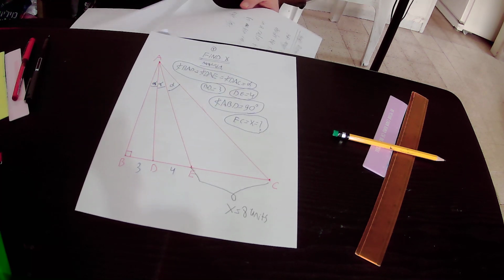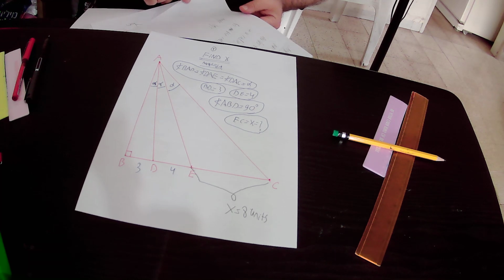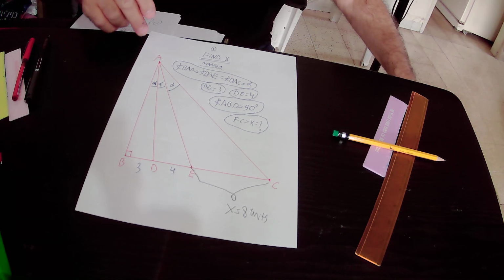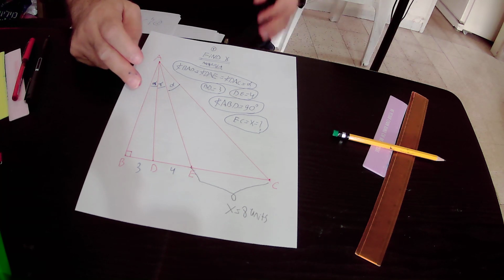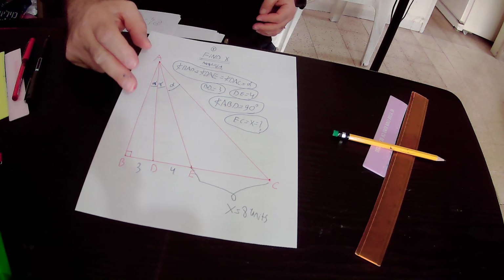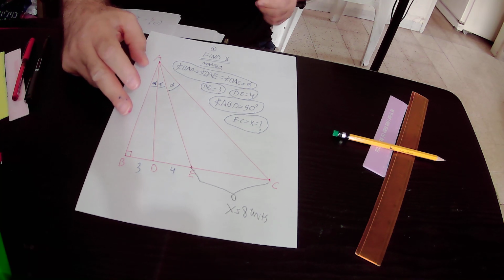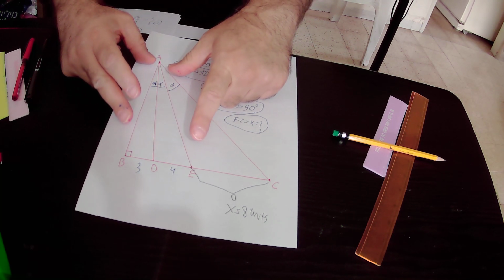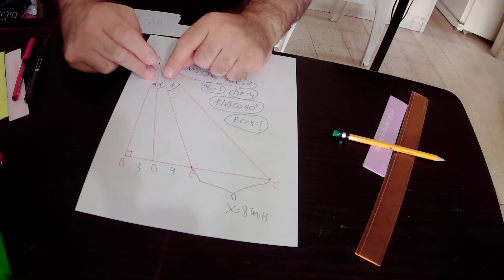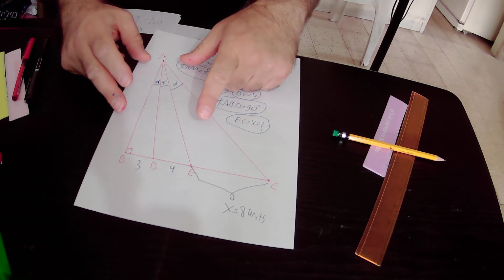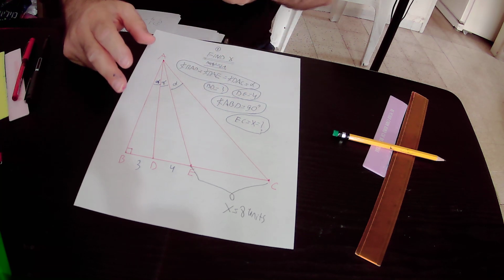So in the right triangle ABE, we have angle bisector AD. AD is an angle bisector because it divides angle BAE in triangle BAE into two equal parts, alpha and alpha. Therefore AD is an angle bisector in the right triangle BAE.